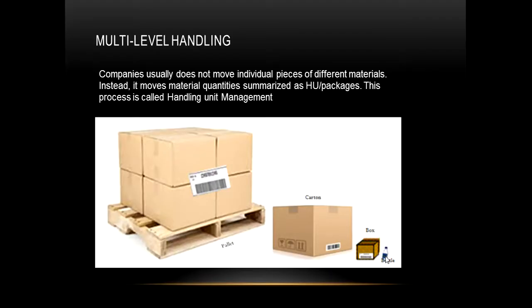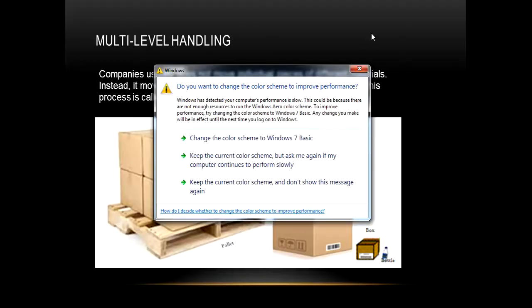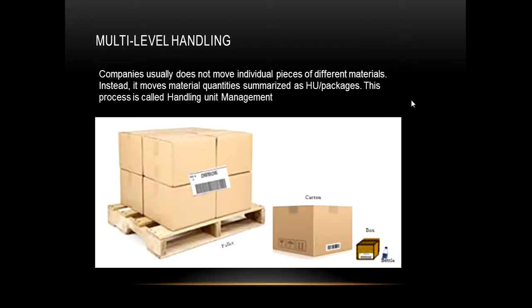Now, if multiple bottles are kept in a box and several such boxes are kept in a carton and multiple cartons are kept on a single pallet, now this has become a multi-level handling unit, which means most of the time companies do not move individual pieces of different materials. Instead, they will move material quantity summarized as HU or packages. This process is called handling unit management.